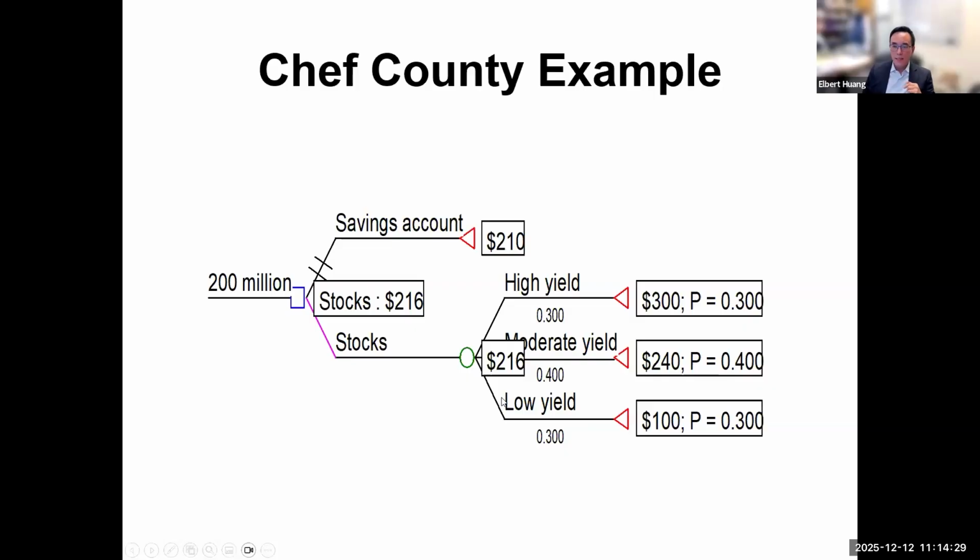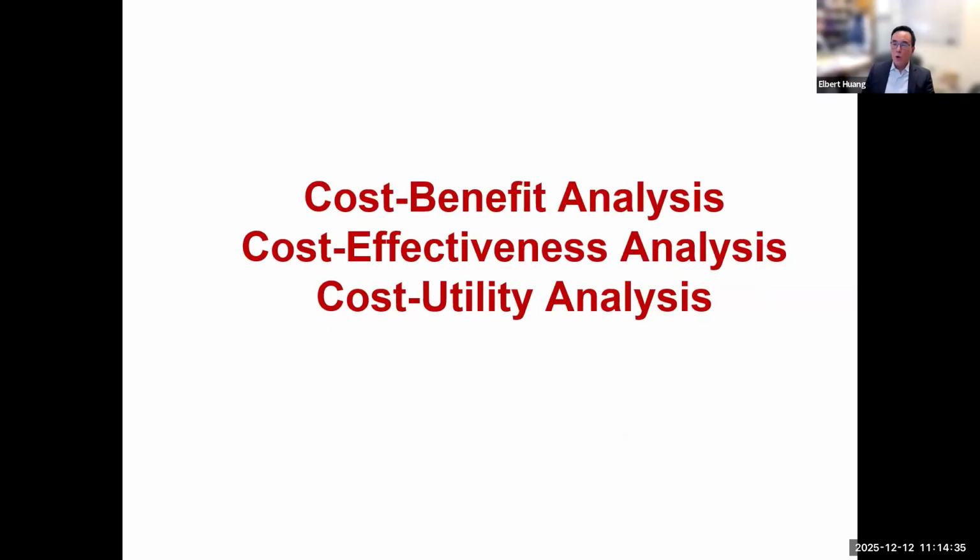Okay, so anyways, this is the most basic of decision trees that you could imagine. I've told you that decision analysis is the basis for a lot of other health economic techniques like cost benefit, cost effectiveness, and cost utility analysis.